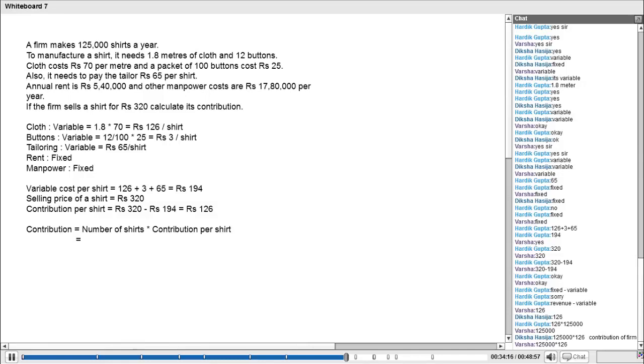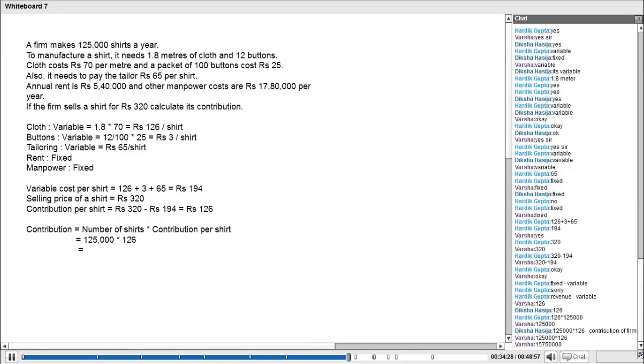So this is 1,25,000 into 126. Now can anybody tell me what is this? Okay, so this is 57 lakhs 75.